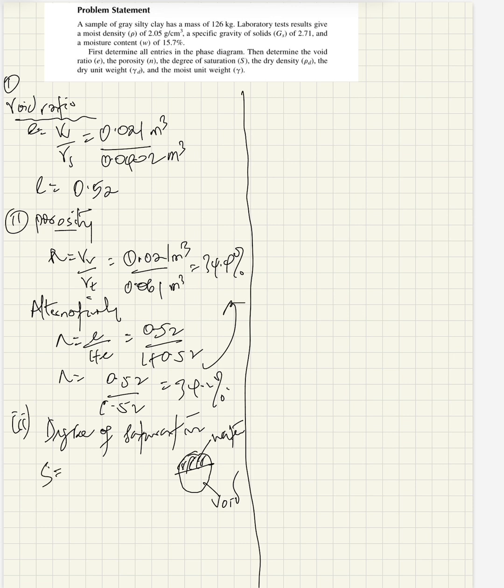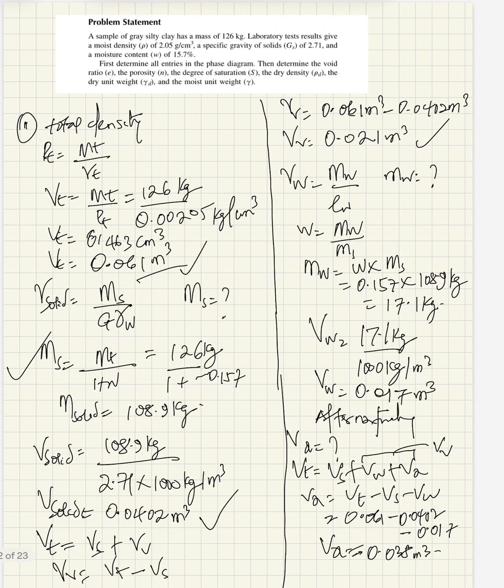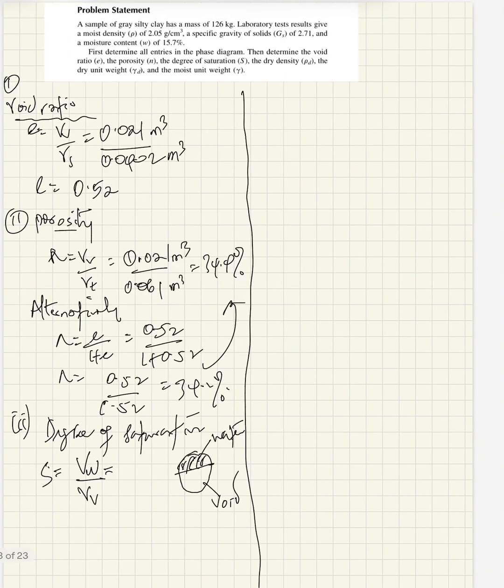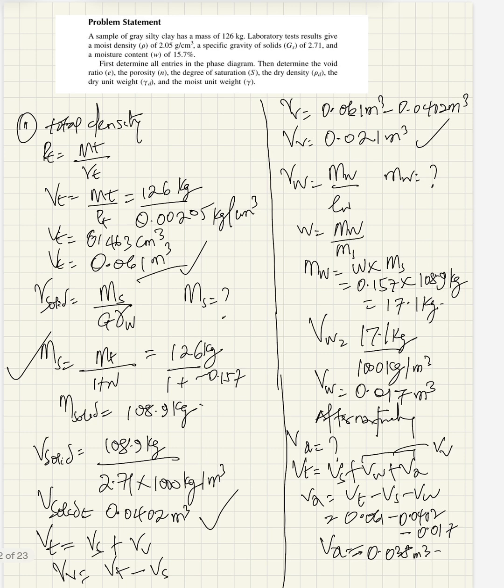So degree of saturation S is what fraction of volume of void the water occupies. The ratio is defined as volume of water over volume of void. Our volume of water, we already obtained it. Volume of water is 0.017 over volume of void.